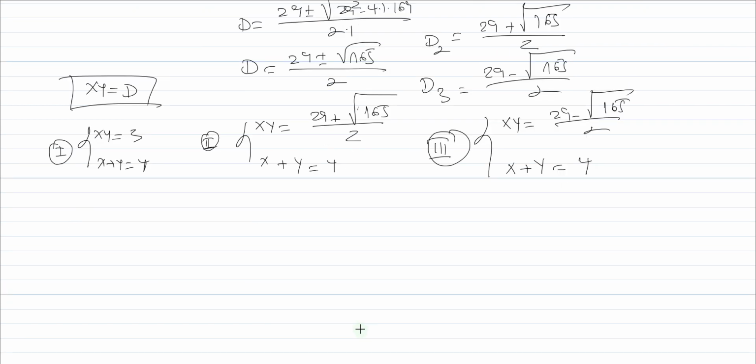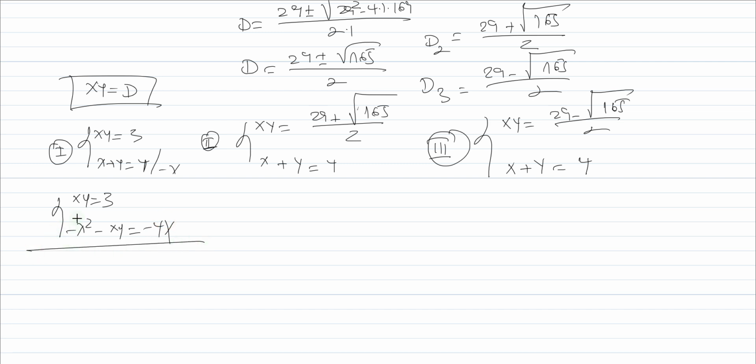Let's solve our first system, xy equals 3 and x plus y equals 4. I'm going to multiply the second equation by negative x, so I'm going to have xy equal to 3, and then minus x squared minus xy equals minus 4x.